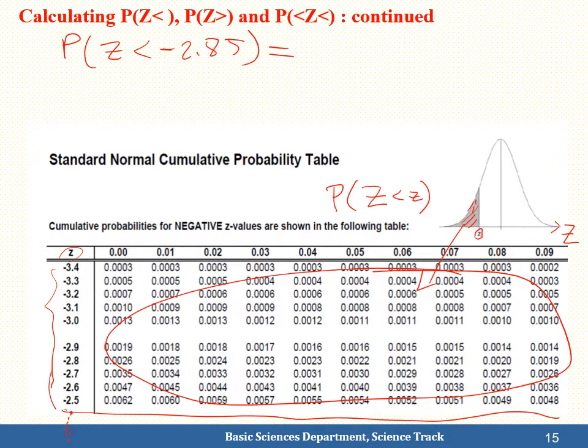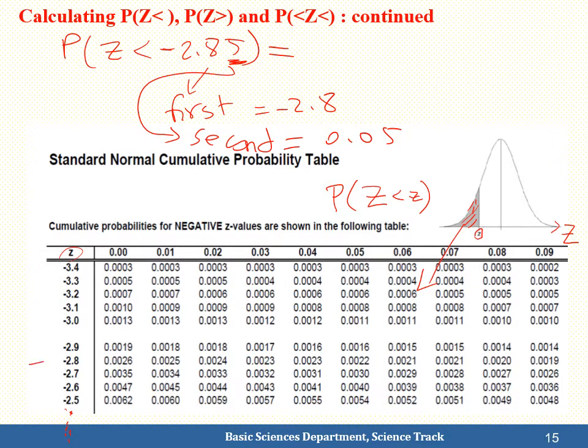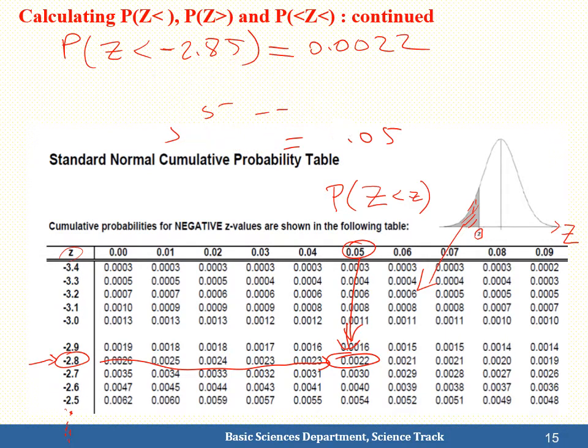Now you have to look: the first component is negative 2.8, and the second component is 0.05. Then you find the corresponding number, which is here, so it will be 0.0022.